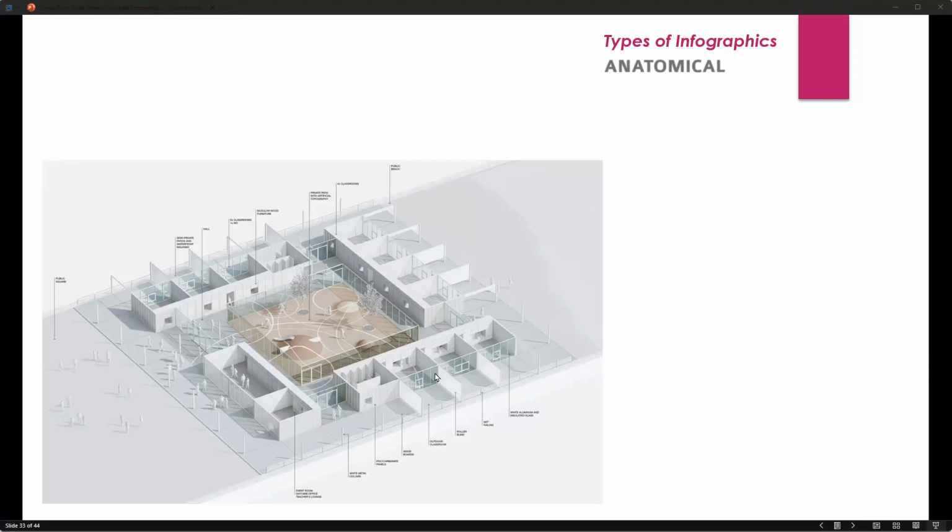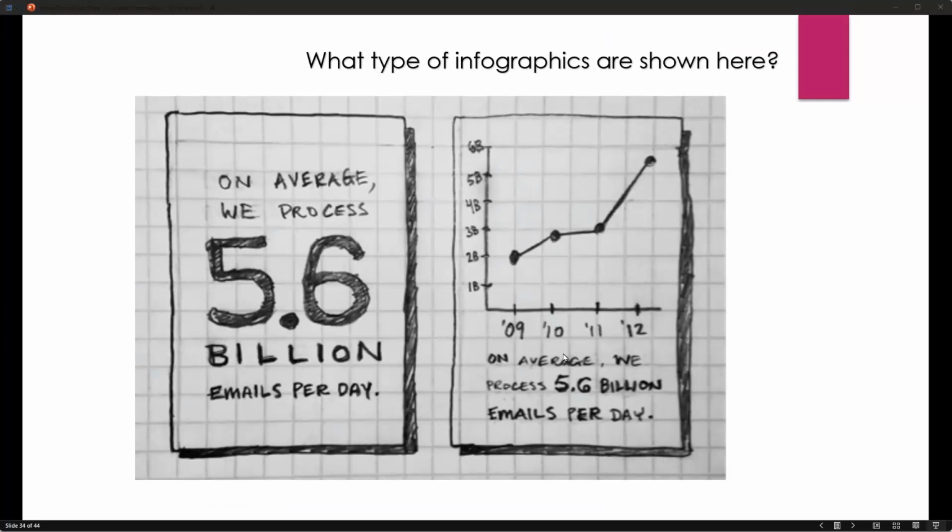But if you simplify it to where you can only see certain information, then it becomes a story. It becomes a narrative that you're telling about this building, right? Anyway, we're going to dive more into that when we look at architectural infographics and you see what I mean.